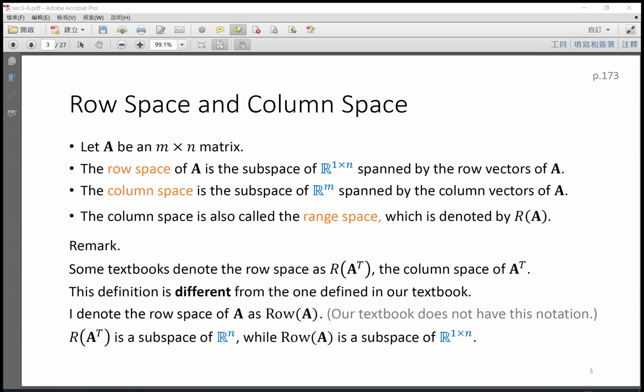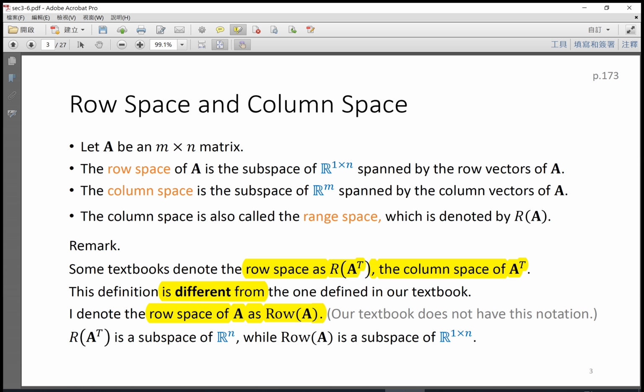Some textbooks use a different definition of row space. Some textbooks will denote the row space as R(A transpose). R(A transpose) is the column space of A transpose, and this definition is different from the one defined in our textbook. To see why, first I denote the row space as Row(A) for ease of presentation.